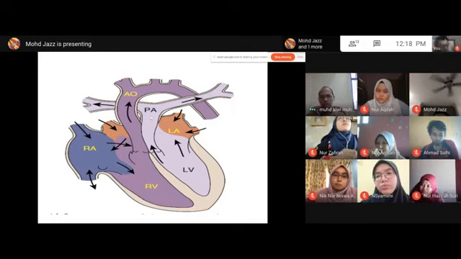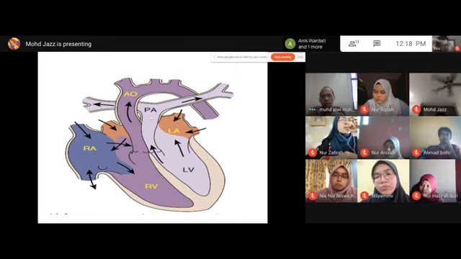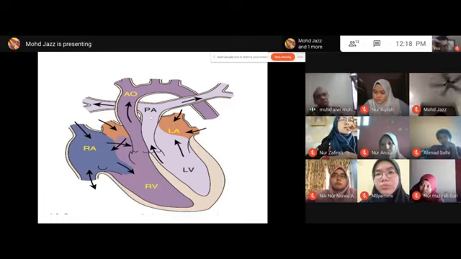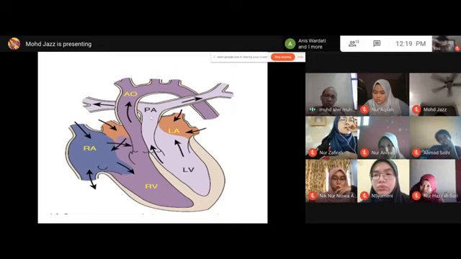That's the problem of TAPVD. The blood from the pulmonary veins actually goes back to the right side. It doesn't go to the left side. So oxygenated blood goes back to the right side to be oxygenated again, without going to the circulation, without going to the left side. So this is another pathology lah.